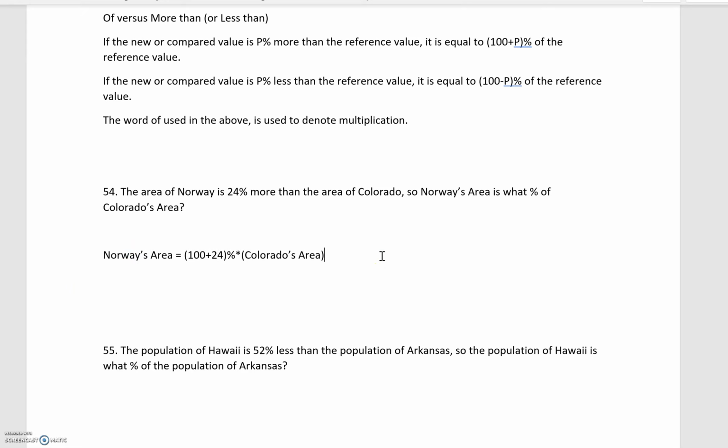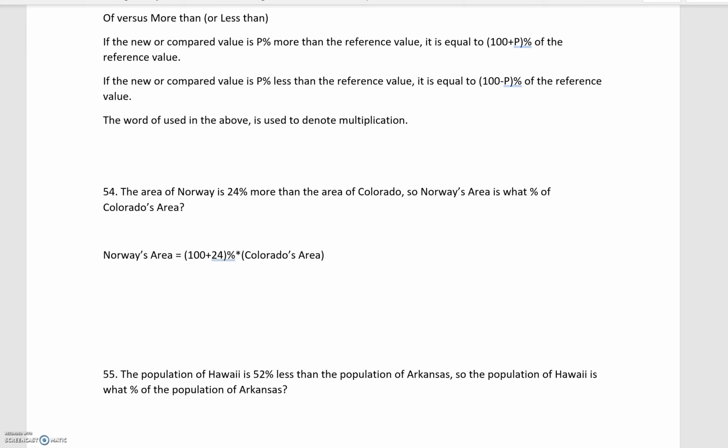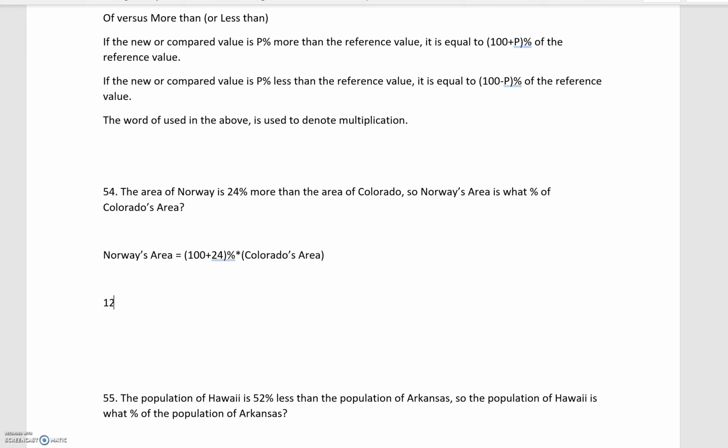Now, 100 plus 24% is the same thing as the following. 124% as a decimal is 1.24. When we are actually working with the mathematics here, when we do our computations, you must write your percentages as decimals.